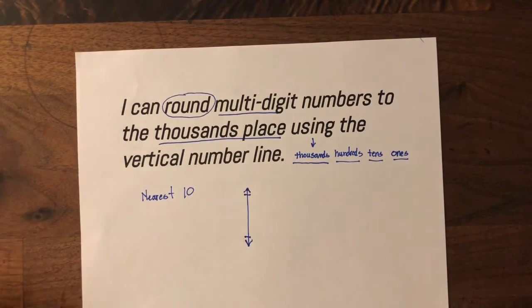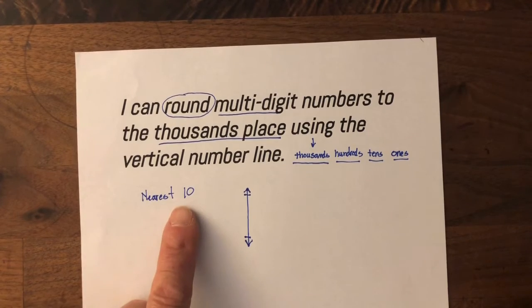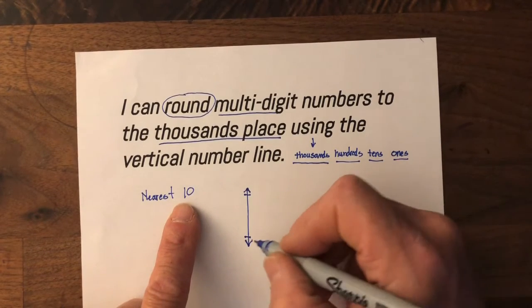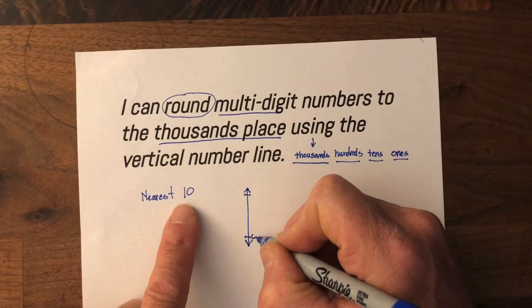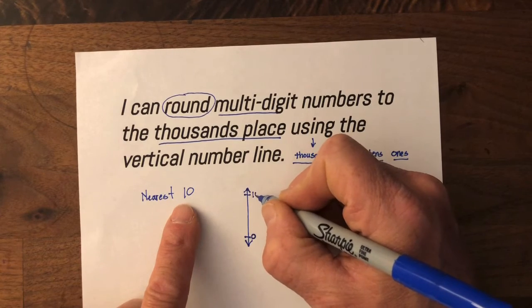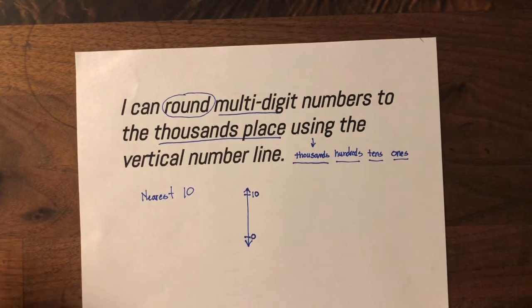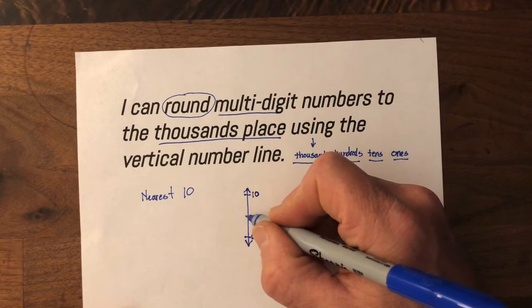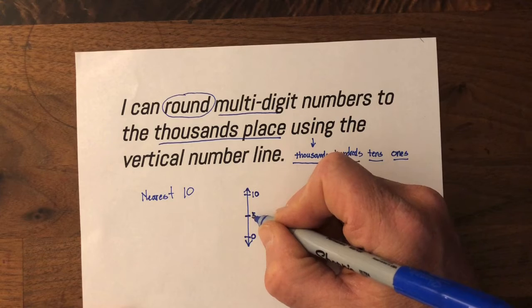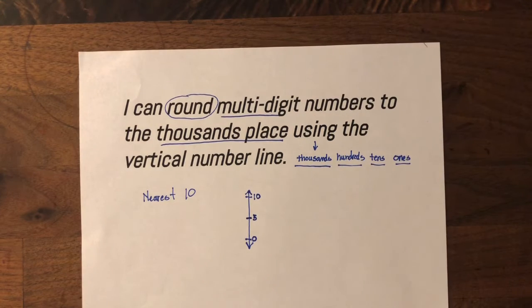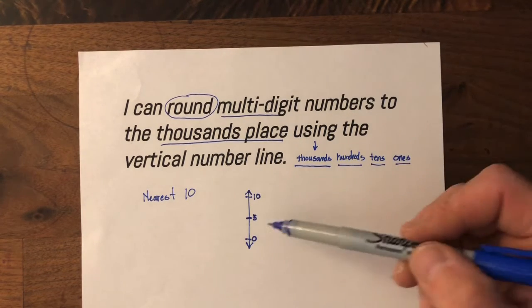This should all be ringing a bell for you, okay? And if I want to round to the nearest 10 and I have, say, 0 and 10, I always want to figure out, what's the midpoint? What's halfway? And the answer is 5. So I always find my halfway point.